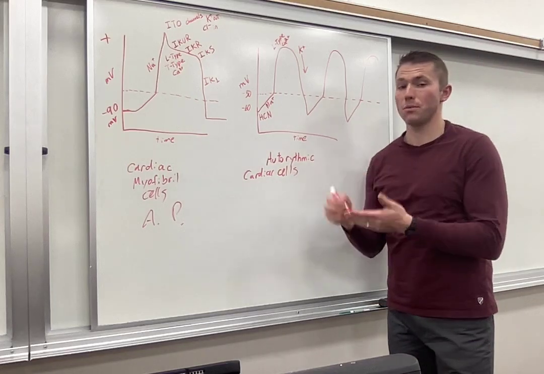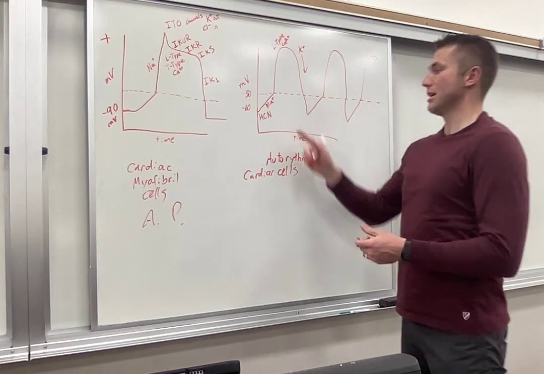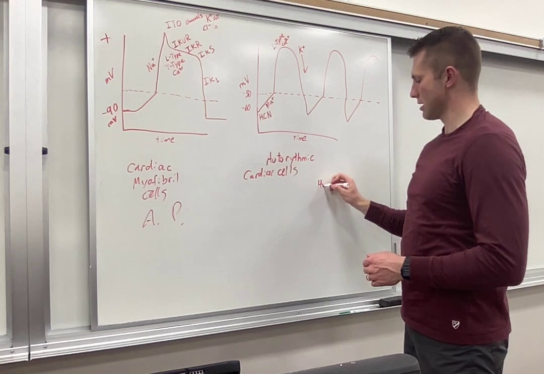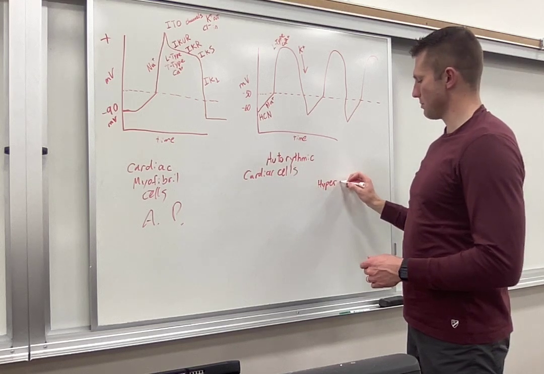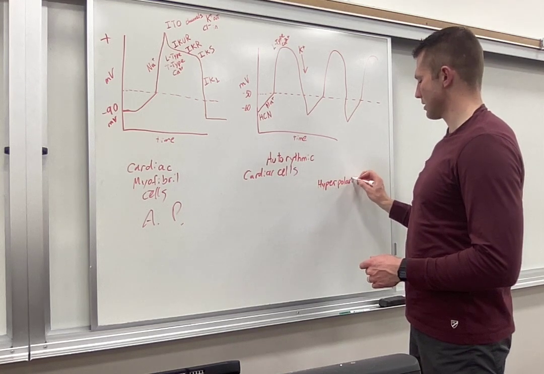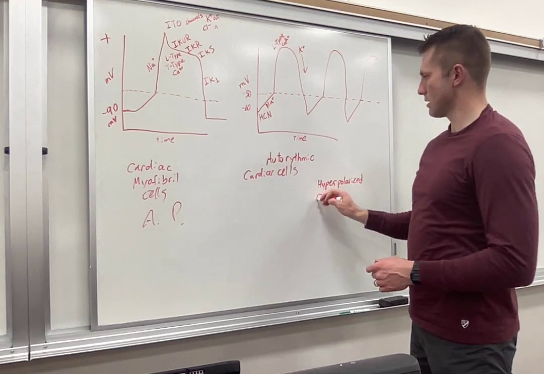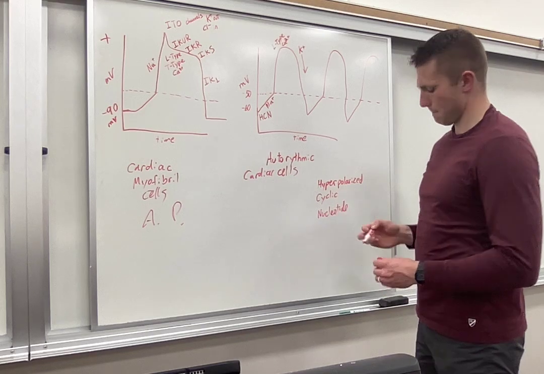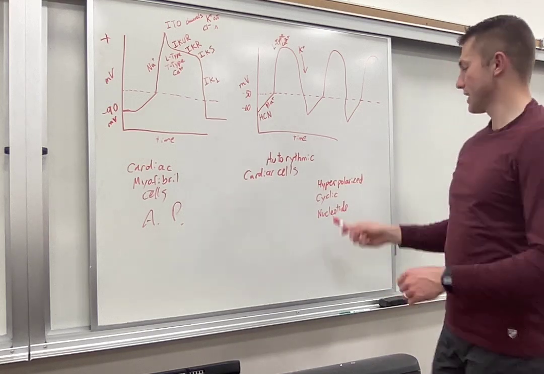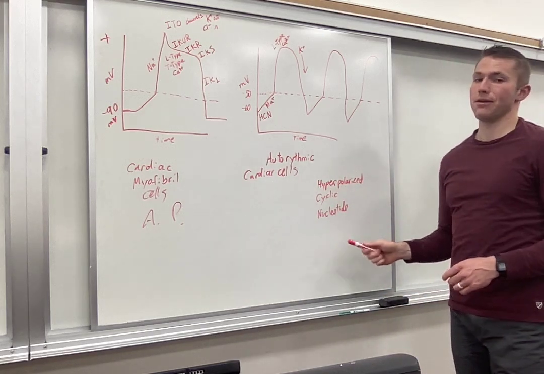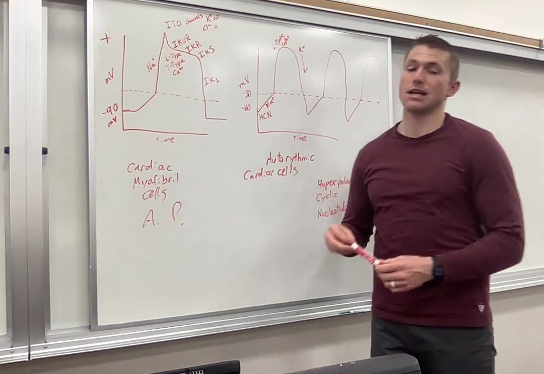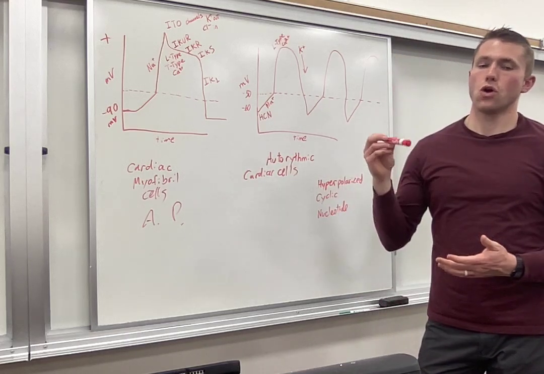But here's the cool part. Check this out. HCN stands for hyperpolarized cyclic nucleotide. I'll break this name down. But what HCN channels do, like I said, they become open.